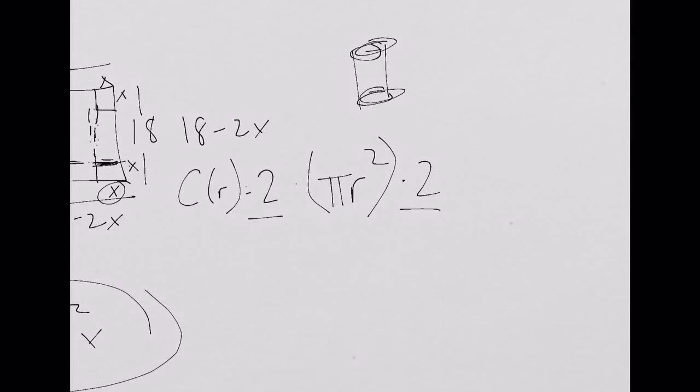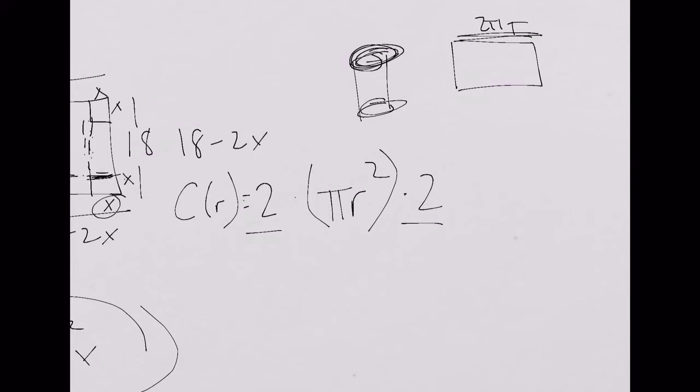Now my cost comes from the sides. If you unwind a can, its side looks like a rectangle. So the length of that rectangle is the same thing as the circumference of the circle, so that would be 2 pi r. And then there's a height that's associated with it.